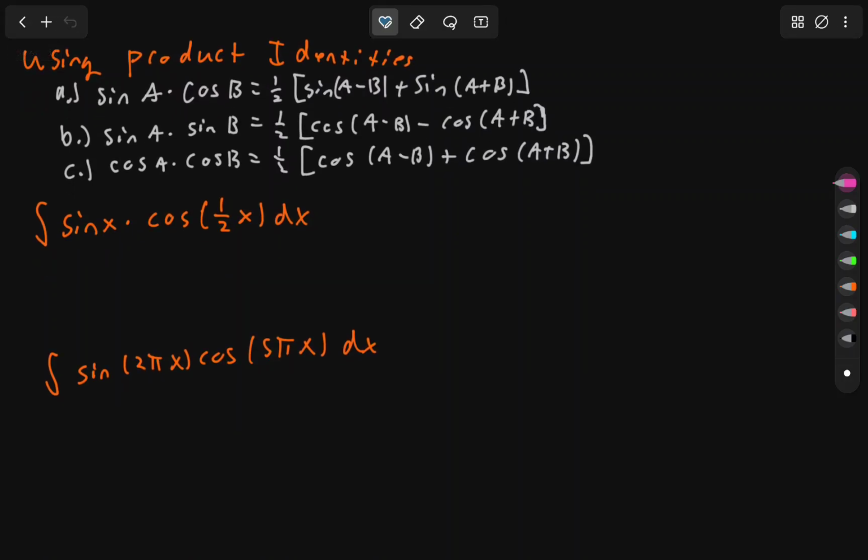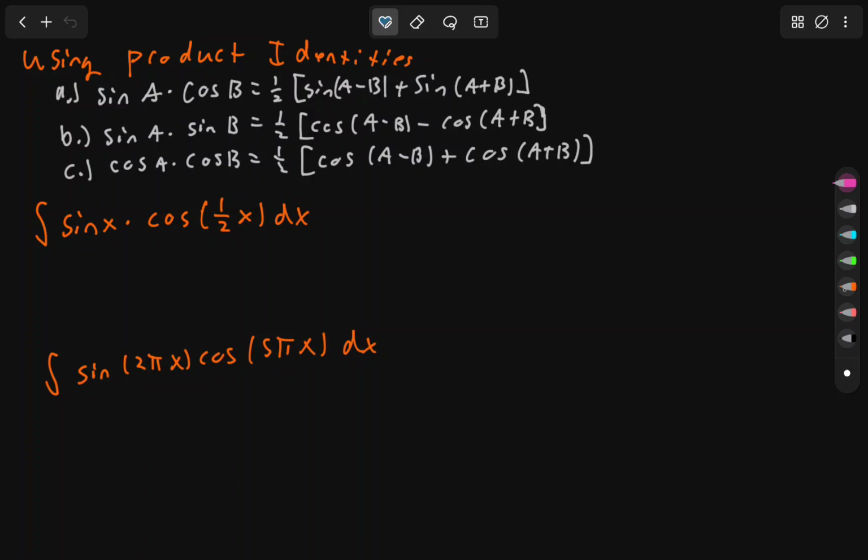For this next set of integrals, we have to use something known as the product identities. These identities are ways that we can simplify two trig functions that are multiplied together, more specifically sine and cosine, and turn that into a simpler form for us to evaluate.